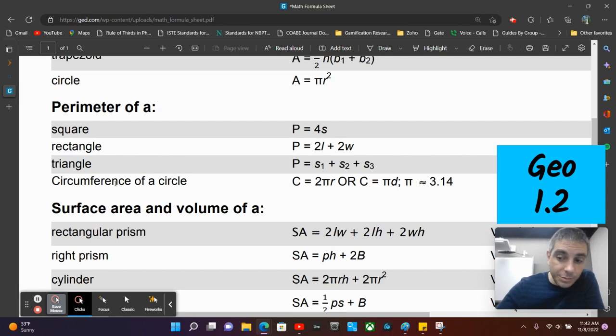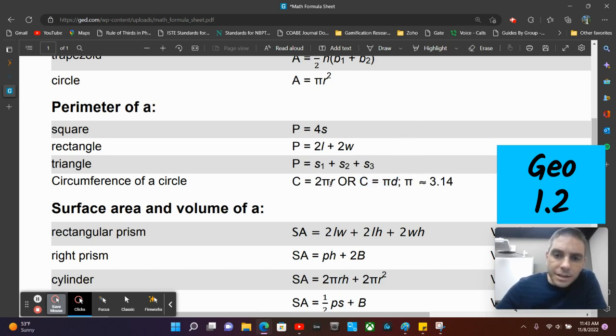They give us two options for calculating circumference. We can either say that the circumference is equal to 2 times pi times r, or we could calculate that the circumference is equal to pi times d.